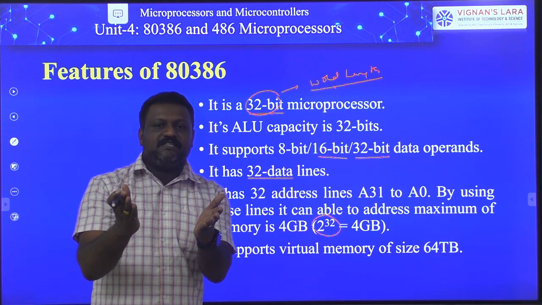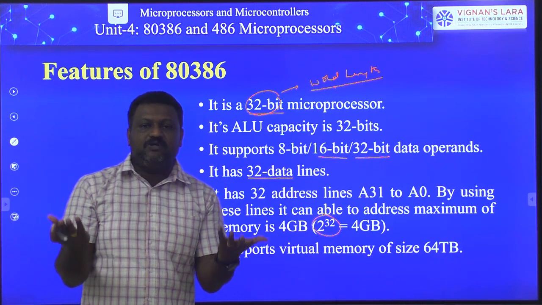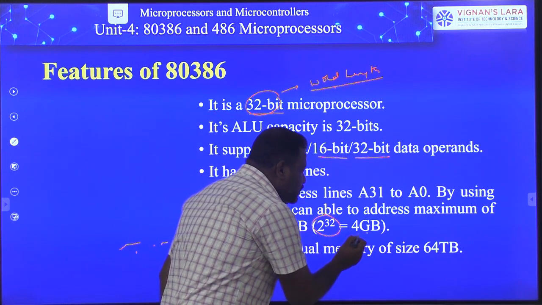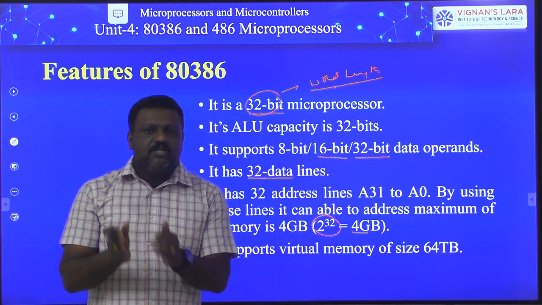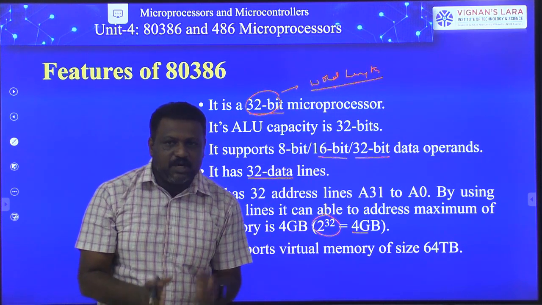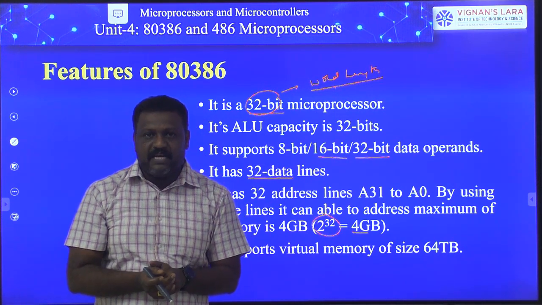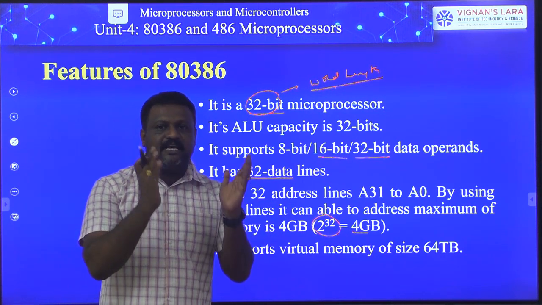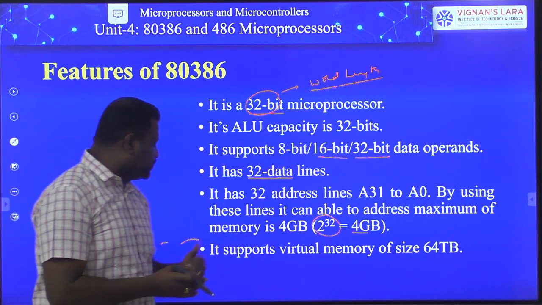So the number of addresses your 80386 can generate is 2 power 32 addresses. That means it is equal to 4G. That means your 80386 can address up to a memory of size 4GB. That means 4 gigabytes of memory my processor 80386 is able to address. That is the meaning of this.